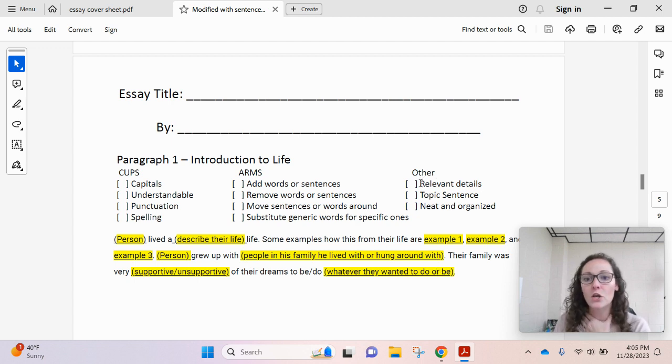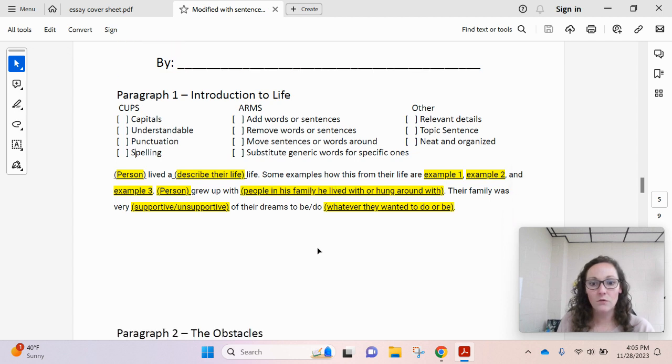And then over here, relevant details, relevant meaning it's necessary and it applies to the topic. You have a topic sentence at the beginning of each paragraph, and it is neat and organized. It should definitely be organized if you're following the outline. Now, for you guys, I also gave you sentence starters. Anything that is in parentheses, underlined, and in yellow, you need to replace with your own words.